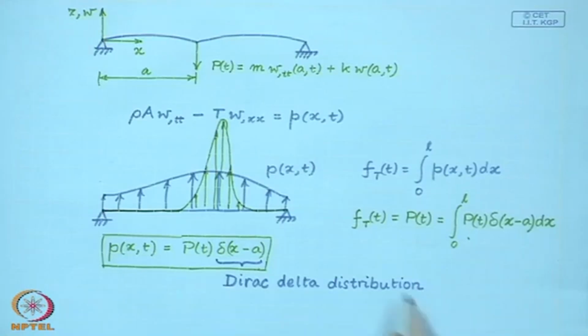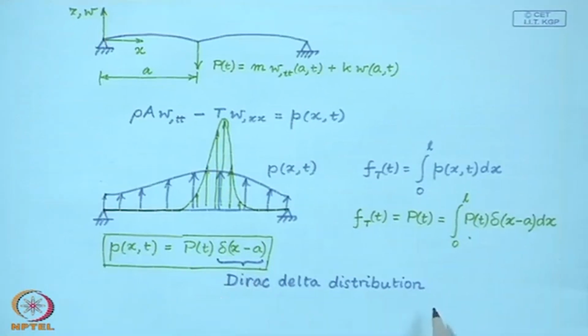Now, we can very easily derive the properties of this Dirac delta distribution from what we expect this distribution to do.